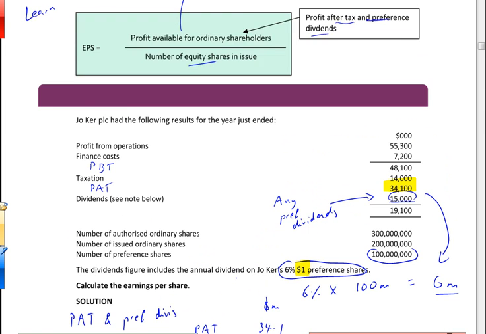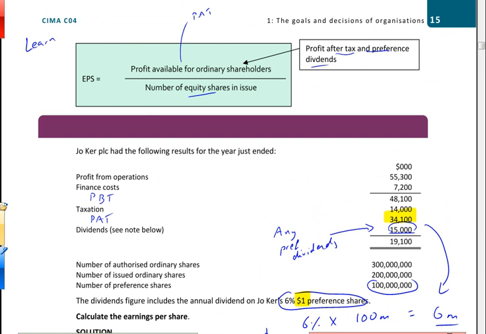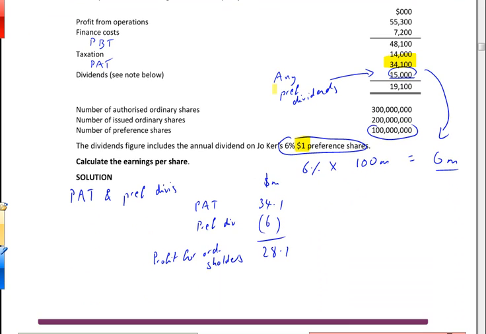So that's basically our top part of the equation, the profit available for ordinary shareholders, and we need to divide that by the number of issued shares. And the number of issued ordinary shares, that's what's important, the number of issued ordinary shares is 200 million. Don't worry about number of authorized shares, that's simply saying, well, how many shares is the company allowed to issue?